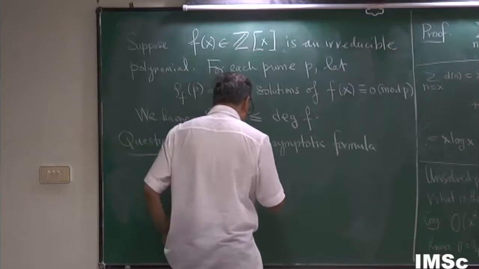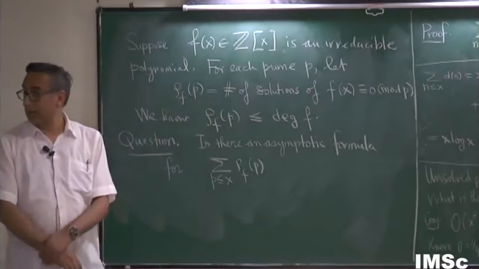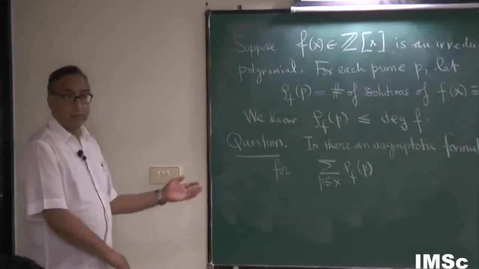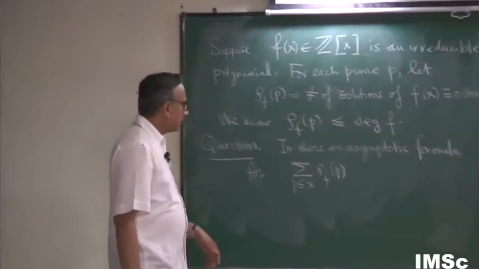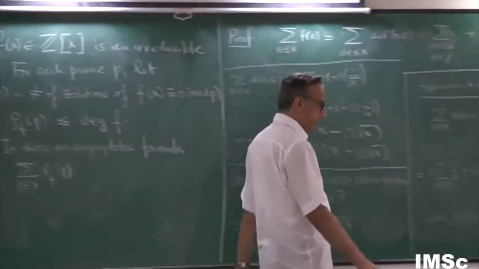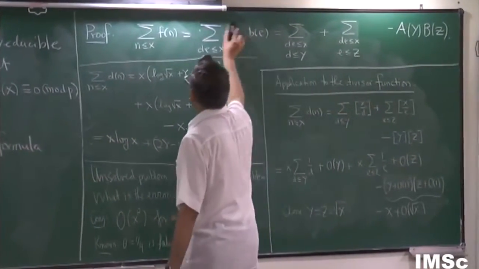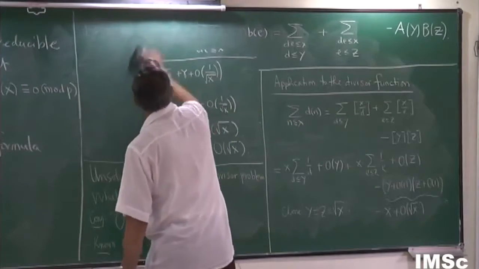In other words, I'd like to know how this function behaves, at least as a summatory function. Now, let me just give you a quick example of perhaps the kind of thing we will be up against.